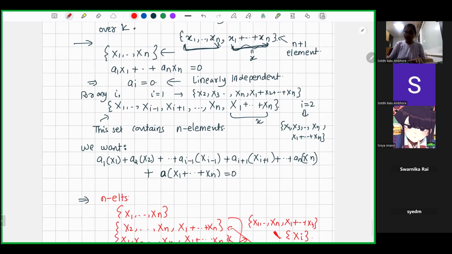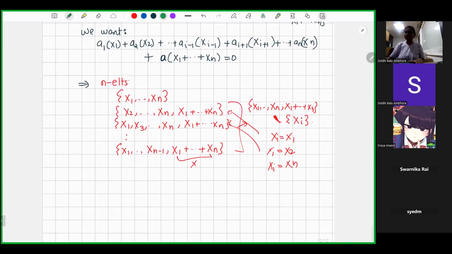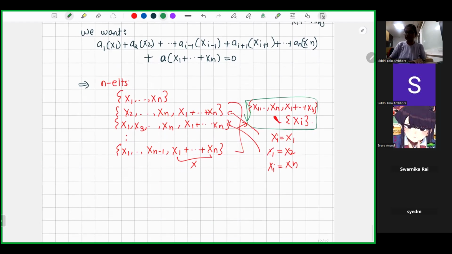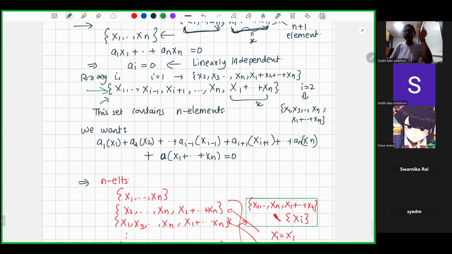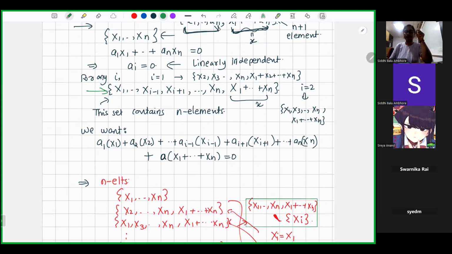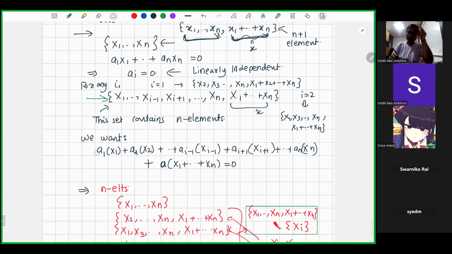So when I wrote this here, I'm just omitting one. This is essentially this set here. Is this okay? Why are we removing that one element? Because from the set of n plus 1 elements, we want to talk about n elements.